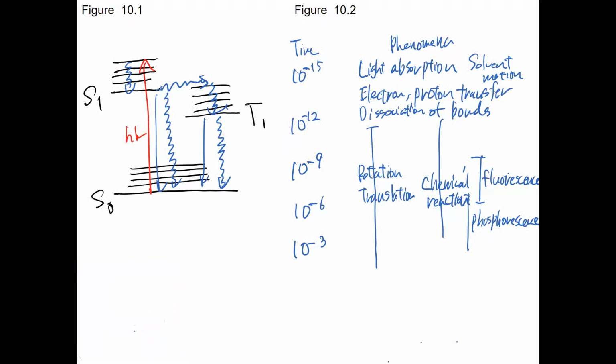Let's see, this is absorption. Absorption starts from the vibrational ground state and also the electronic ground state.